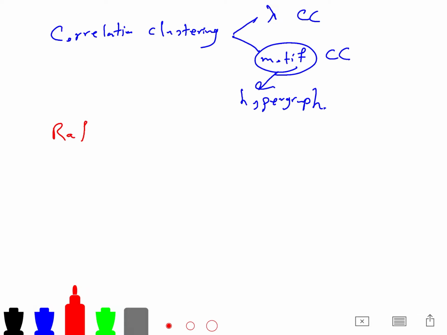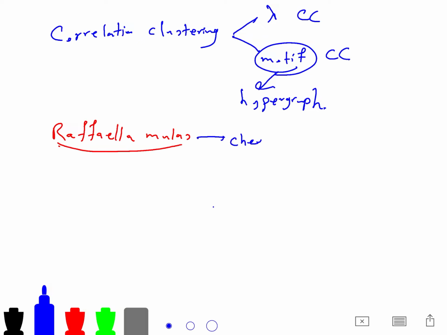For example, there is a guy called Raffaella Mulas. He is at the Alan Turing Institute and Max Planck. I think she is at Alan Turing, and she used Cheeger inequalities generalized to the case of hypergraph.